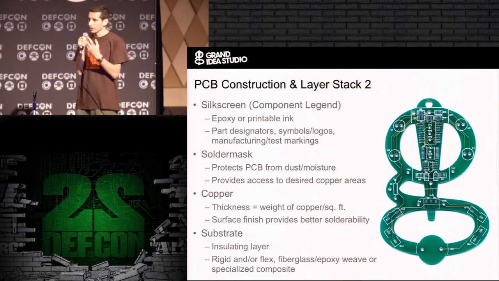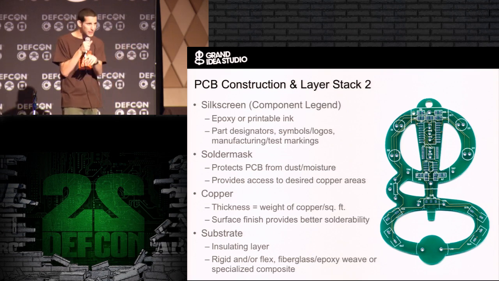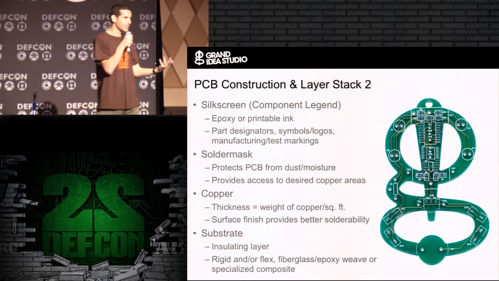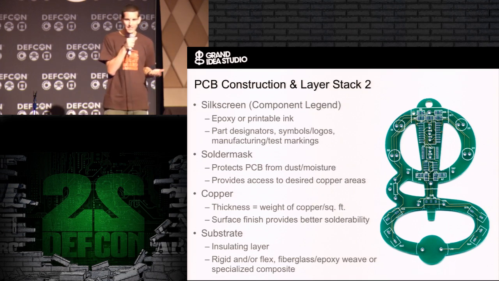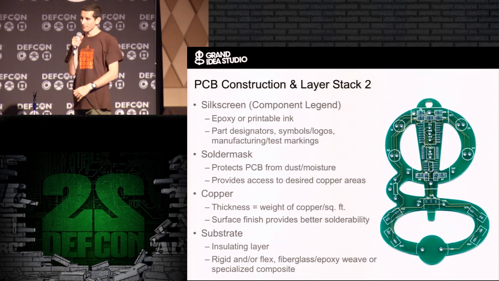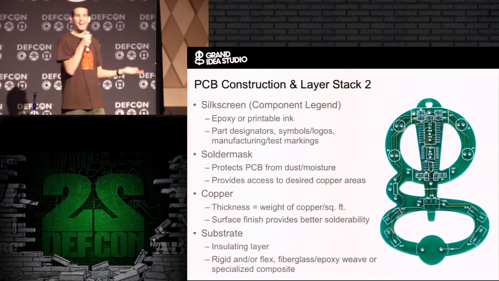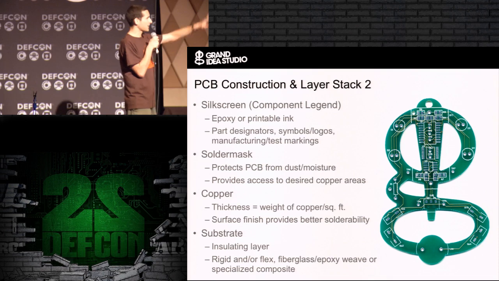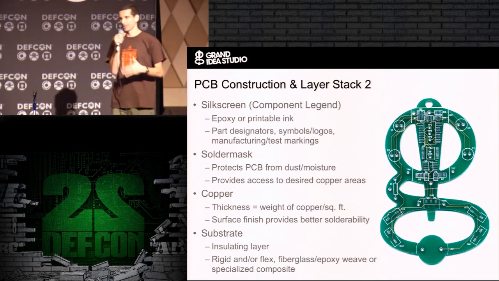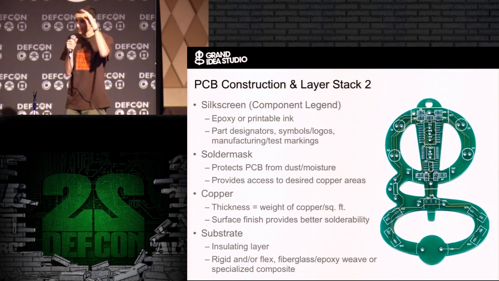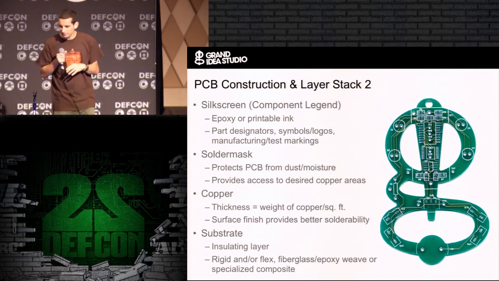If you look carefully, you can see traces underneath the solder mask, and those are not intended for you to hack on. That doesn't mean you're not allowed to do it; it just means the engineer doesn't want you to access those. It also protects the board from dust and corrosion. So we'll need to deal with getting through that solder mask layer.